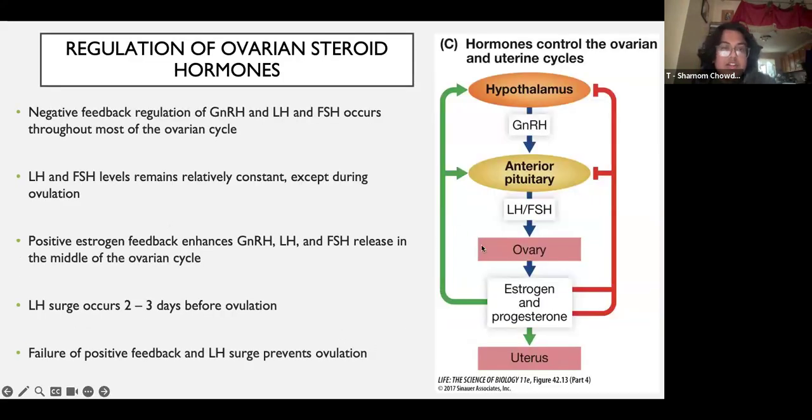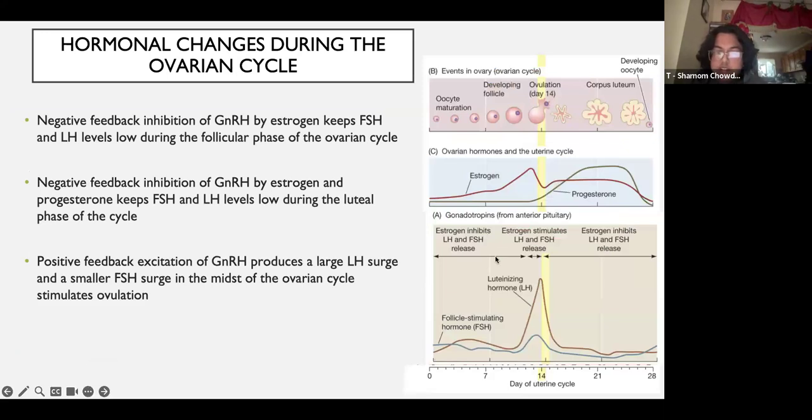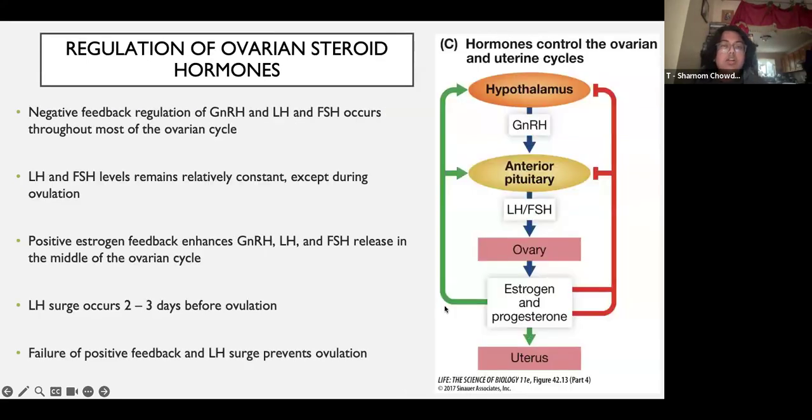So negative feedback regulation occurs through most of the ovarian cycle, and then luteinizing hormone and FSH levels remain relatively constant, like you see here, until ovulation occurs. During that time, positive estrogen feedback enhances, so it starts to stimulate GnRH, luteinizing hormone, and FSH release in the middle of the ovarian cycle.